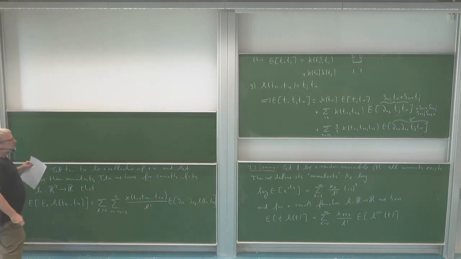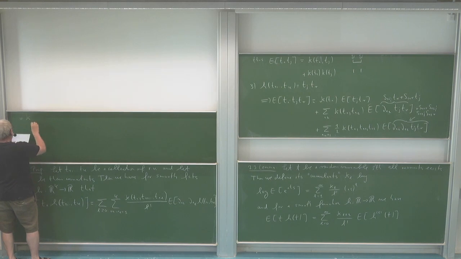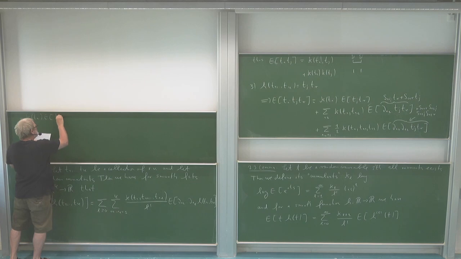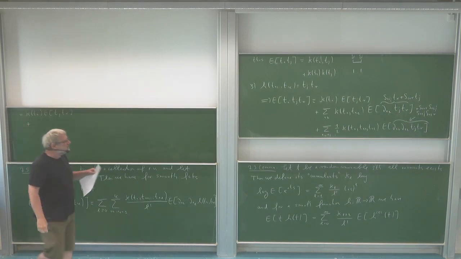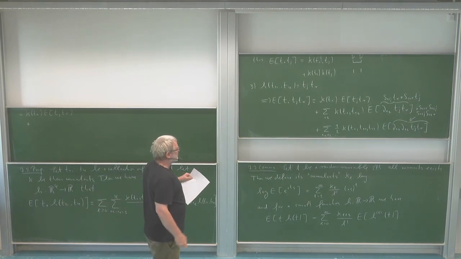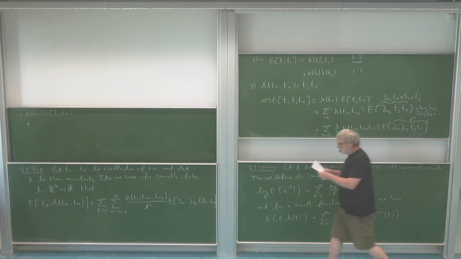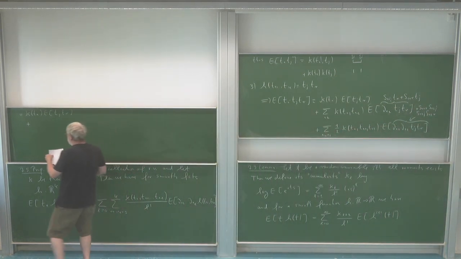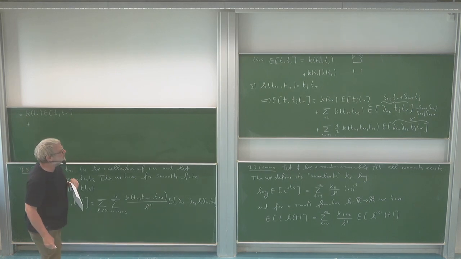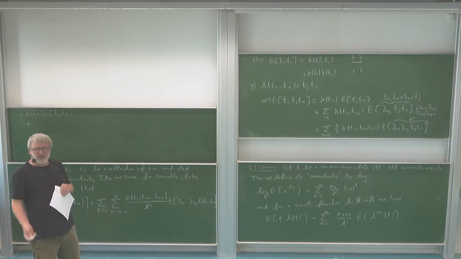So the L equal to 0 term, this is clear. This is kappa of ti times the expectation of tj tr. Okay, and then I have the L equal to 1 terms, and I have two of them, because I'm summing those two guys. So the first term is where the I1 is equal to j, and then the summation over I1 gives me exactly the j term.